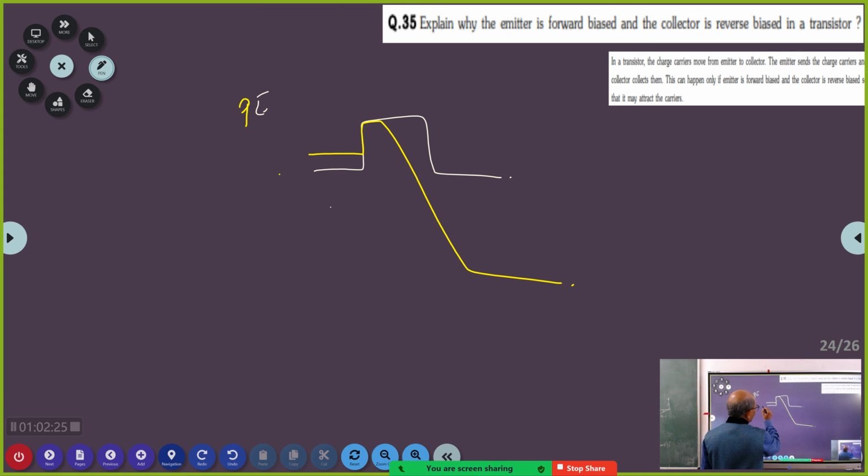So you are creating a potential well, and because of this you are able to facilitate the effort you put in to create a current in the base-emitter region, which has very little resistance. Now that current you are making flow through the high resistance region.